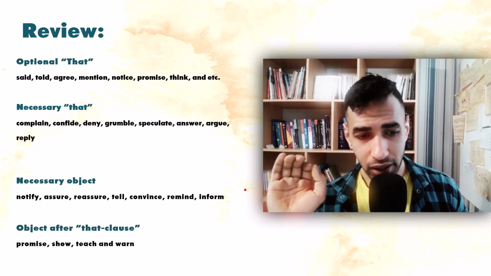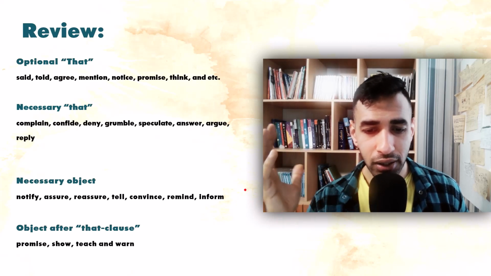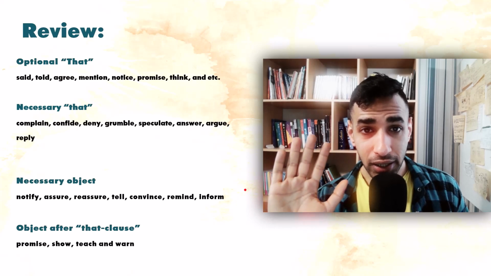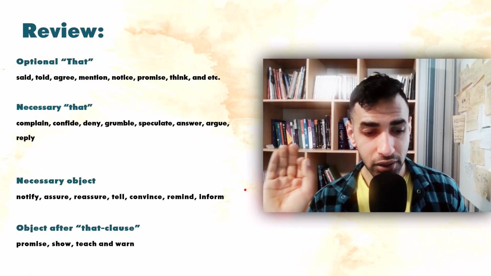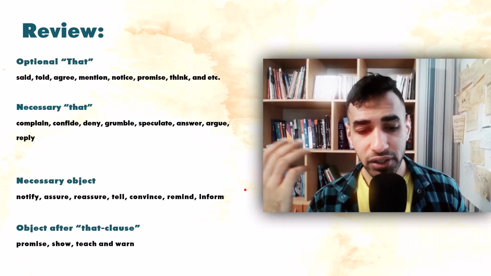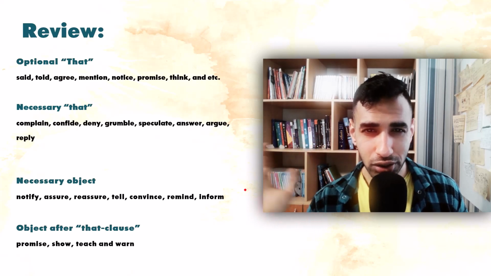Necessary object with notify, assure, reassure, tell, convince, remind, inform. These verbs must come with an object. And some verbs can have an object after that clause or before that clause: promise, show, teach, and warn.